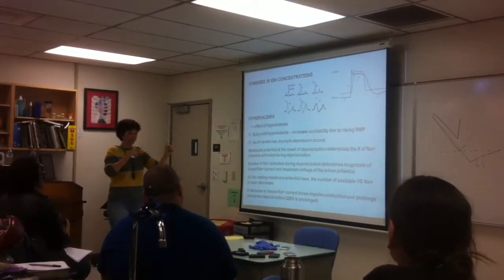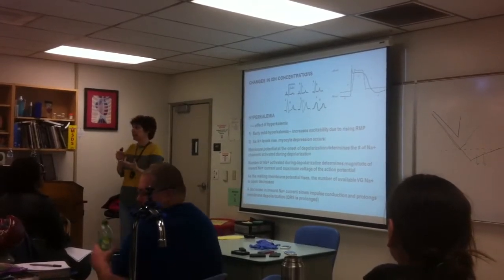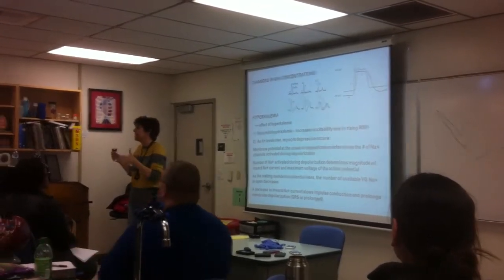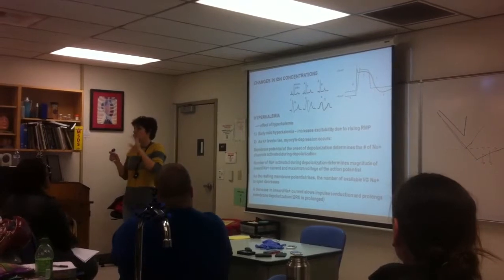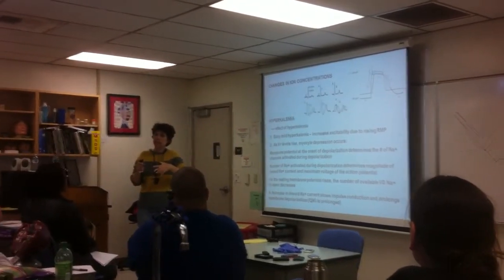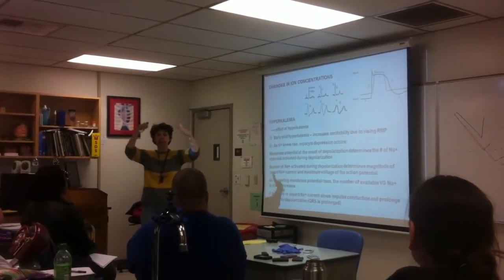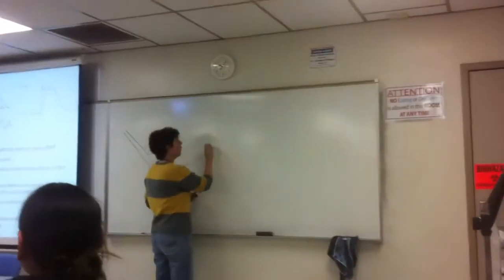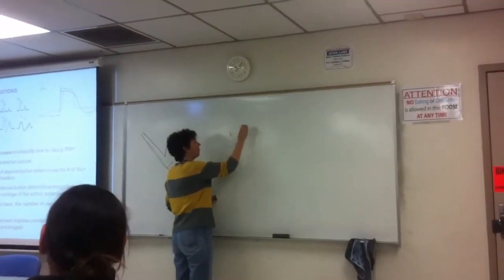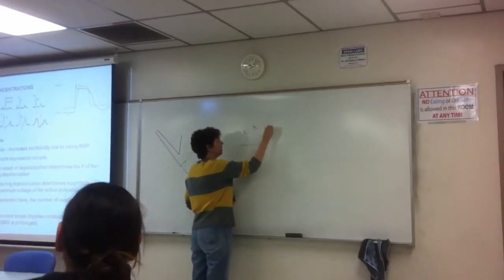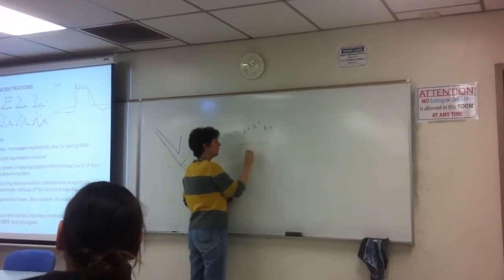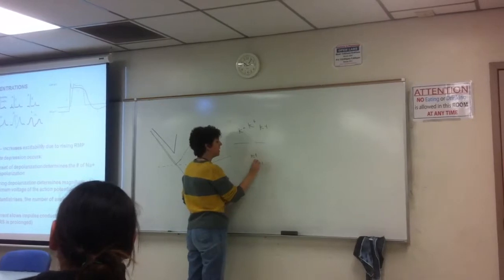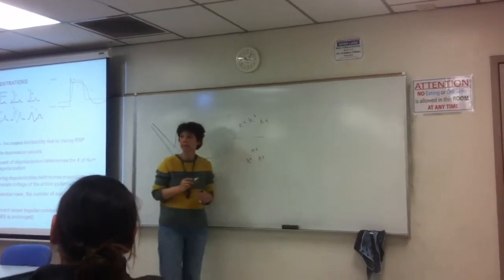Now, the first part of the explanation is easy to understand. Remember, in the nervous system, if we increase the number of potassium ions outside the nerve fiber, and we open potassium channels, we have more potassium inside the cell than we have outside the cell.